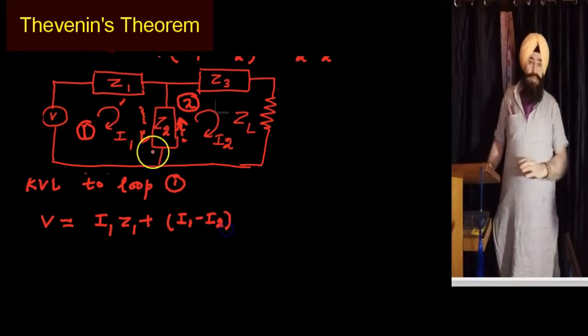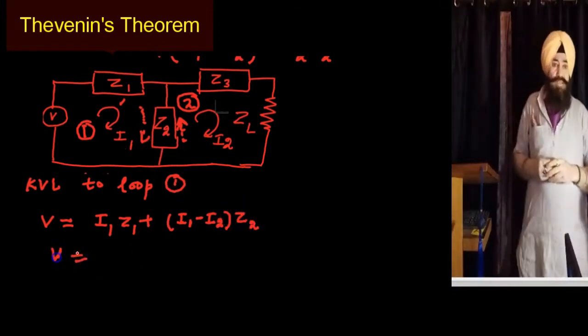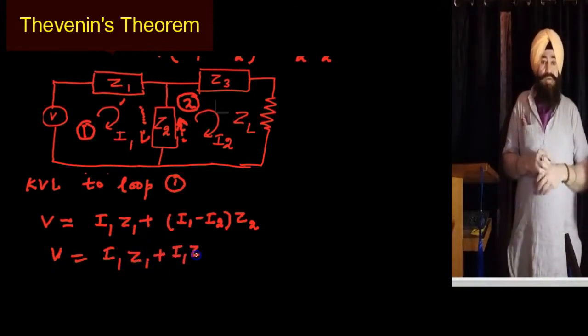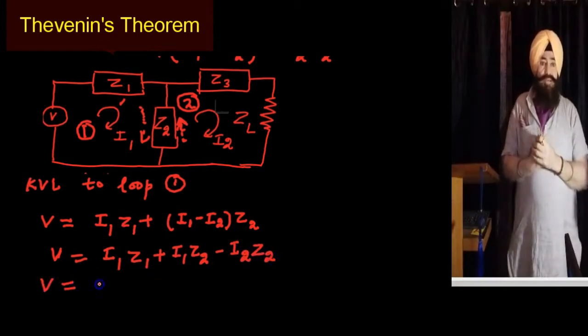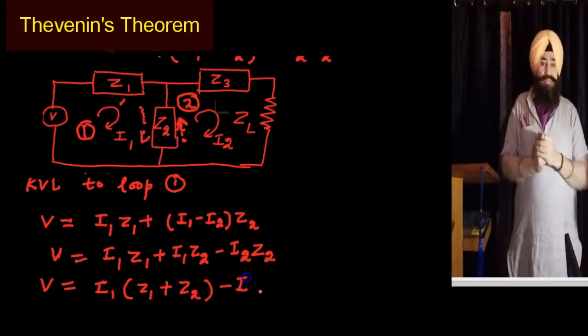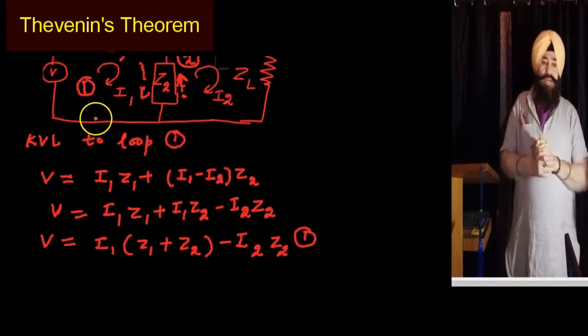So I1 minus I2, I explained the reason why minus I2 into Z2. So V equals I1 Z1 plus, open the bracket, I1 minus I2 into Z2. Okay, this is equation number 1.